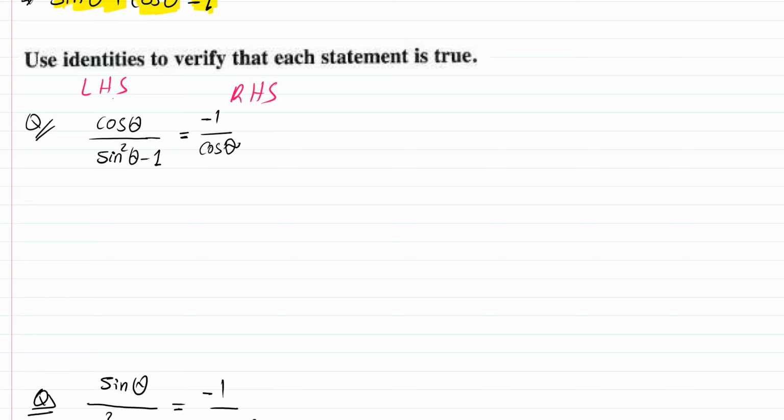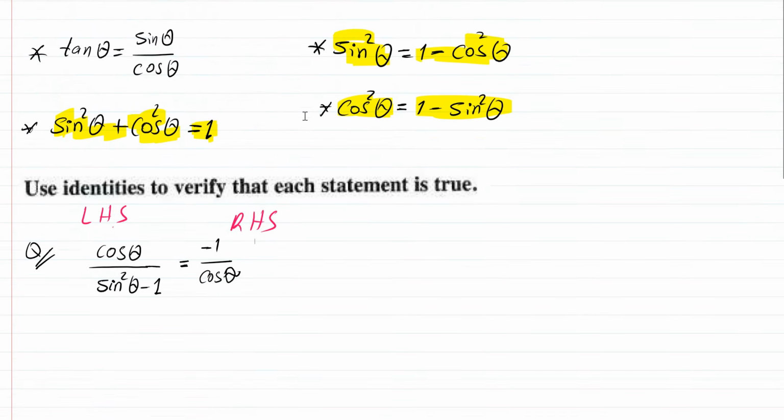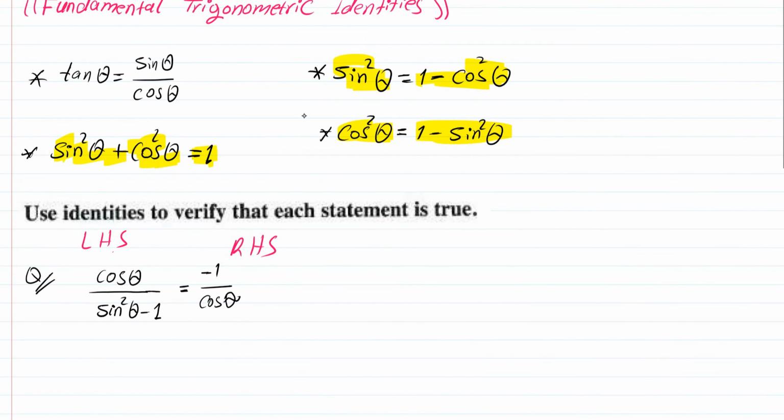Okay, students, in the left hand side, in the denominator I have sine square theta minus 1, which is similar to the third identity, cosine square theta equals 1 minus sine square, right? But here it is sine square minus 1 actually, not 1 minus.